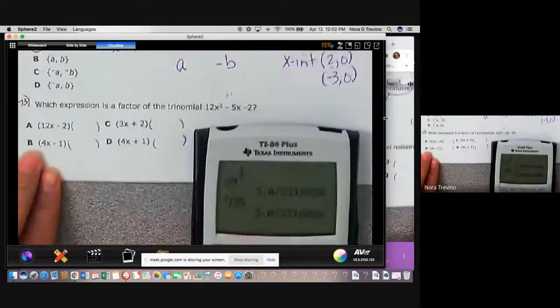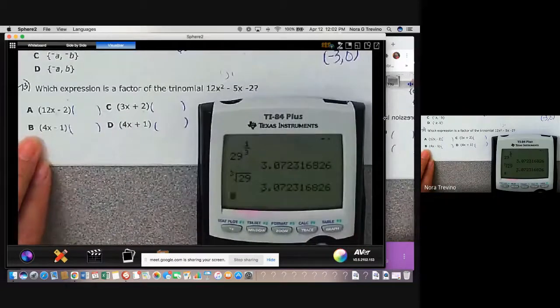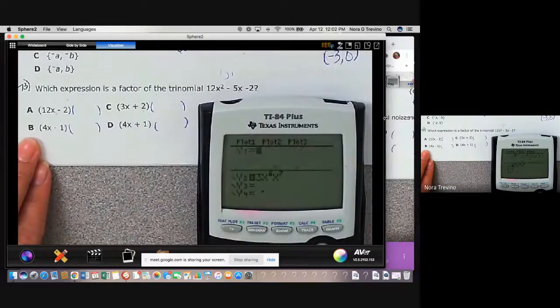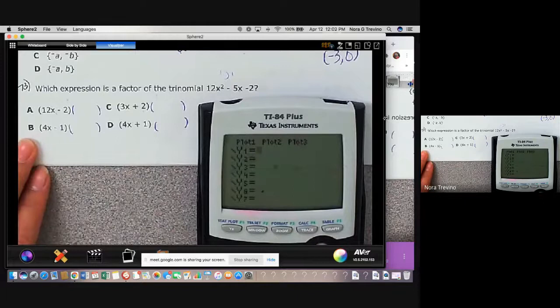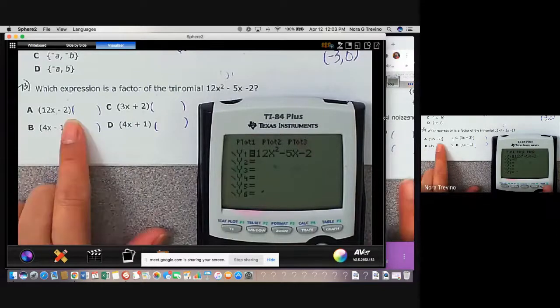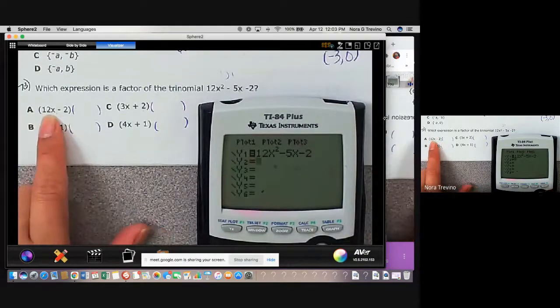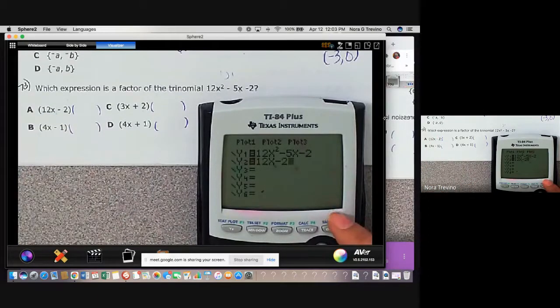You're still going to go to y equals. Okay, so that's the beauty of this packet, that a lot of it is on y equals. So you're going to put the original problem, 12x squared minus 5x minus 2. And then on the y2, you're going to put the answer choices. So let's say I think it's 12x minus 2. And I'm going to press graph.